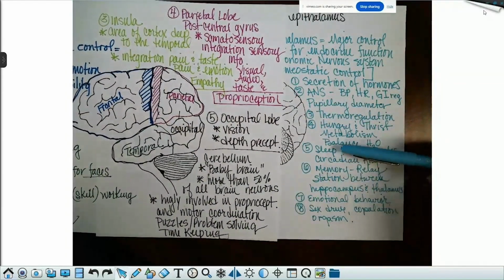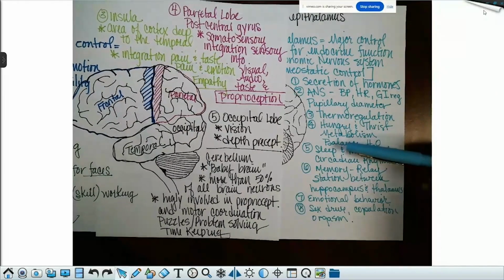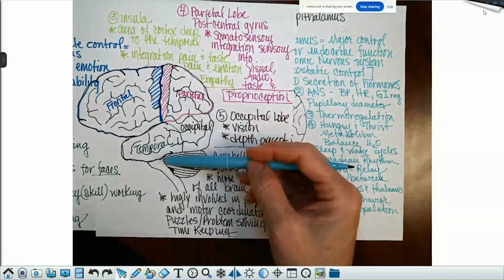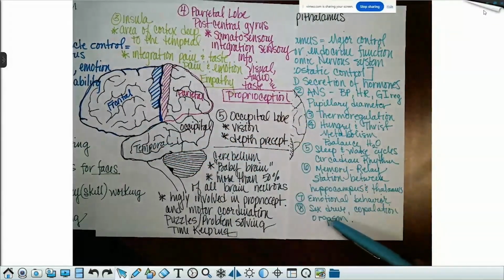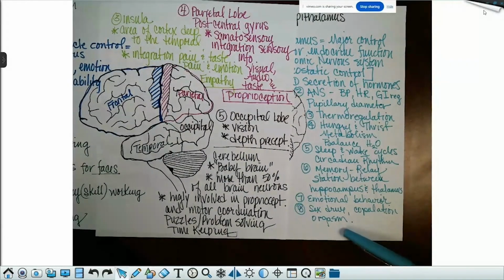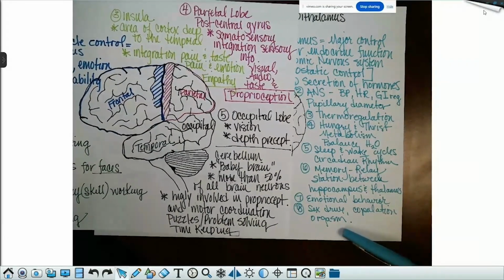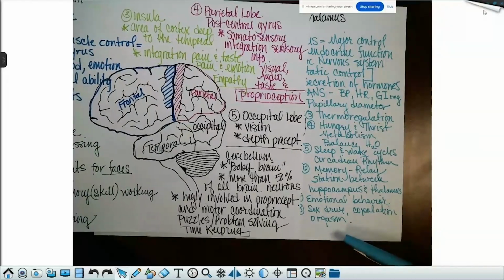Because those are part of your primitive desires, primitive needs, but you've got to have some of this in order to get to those. So the sex drive, copulation, and orgasm isn't going to stop you from leading a good life.